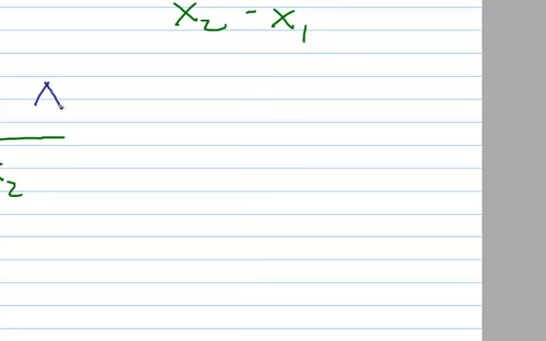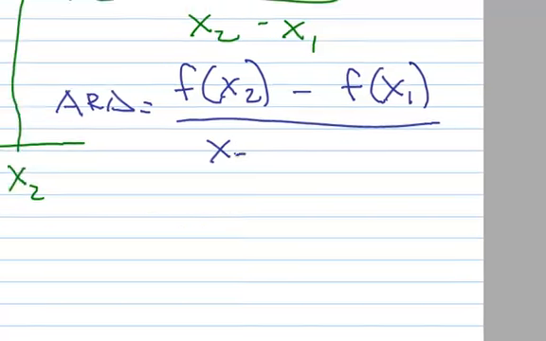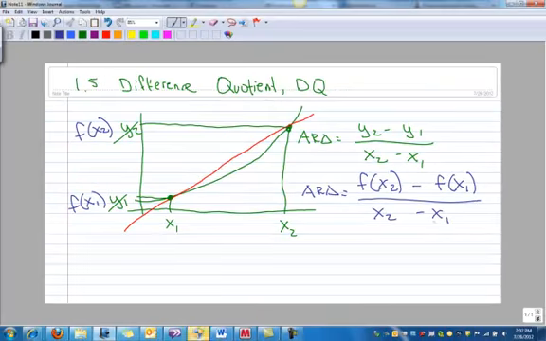So now we're just going to rewrite the average rate of change and get rid of these y's. So y sub 2 we're just now going to call f of x sub 2, and y sub 1 we're now calling that f of x sub 1, all over x sub 2 minus x sub 1. Okay? So that's just kind of updating the average rate of change with function notation.